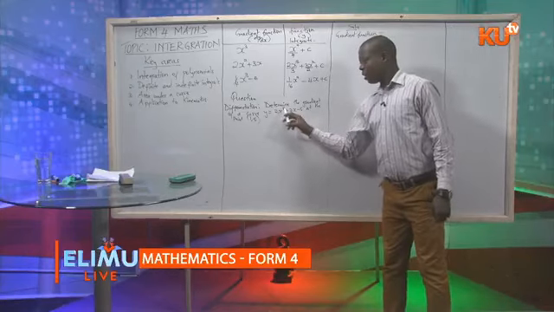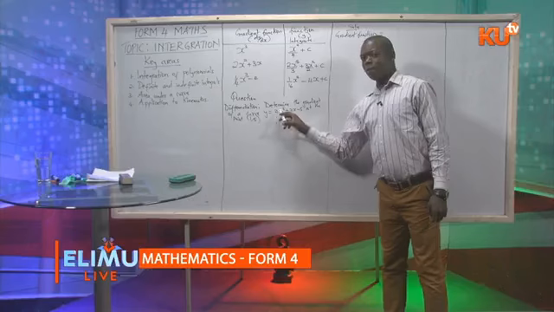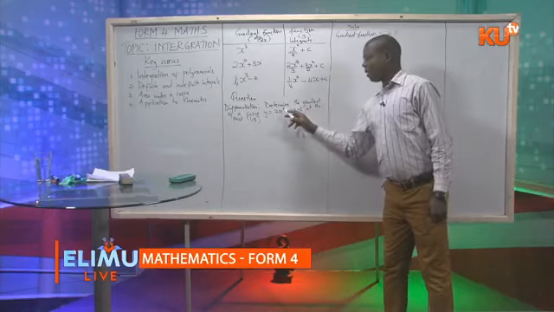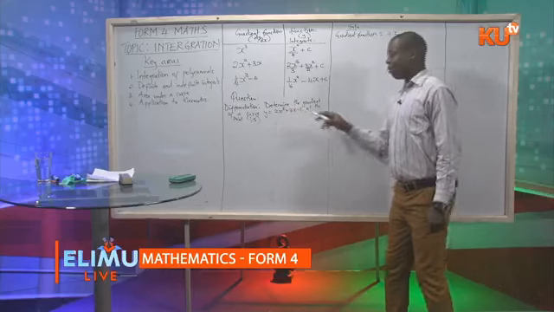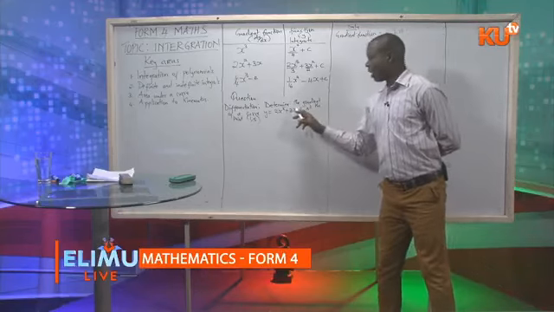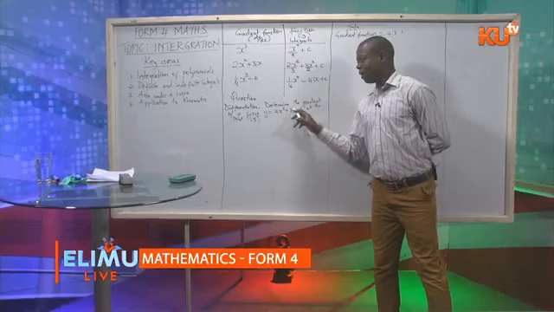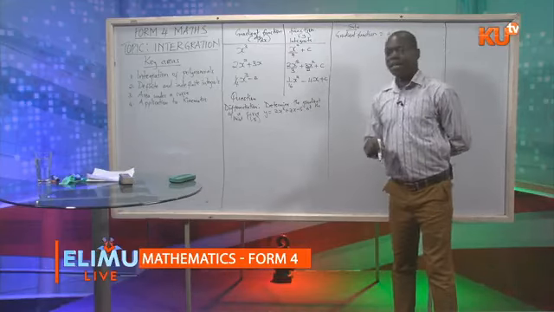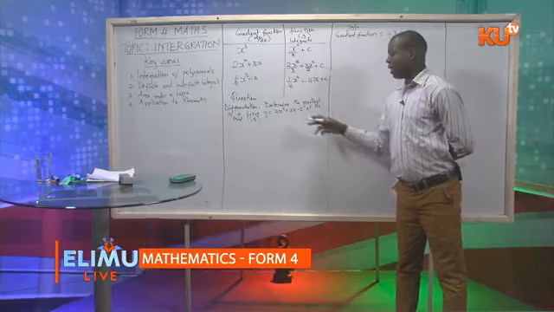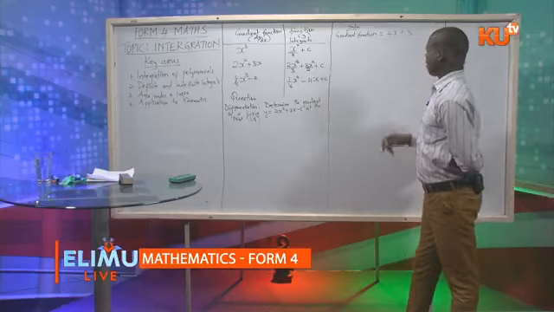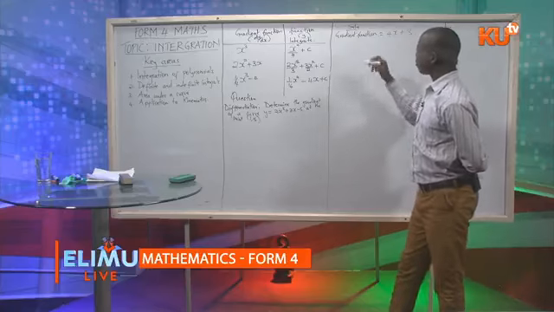So let's differentiate together. 2, we multiply by 2 to have 4x. Then we minus 1 from the power, so we are left with 1. Then plus, at this point x is power 1. So 1 by 3, that is 3. Then 1 less 1 gives us 0. And anytime you differentiate constants, it gives you 0. So this is our gradient function.